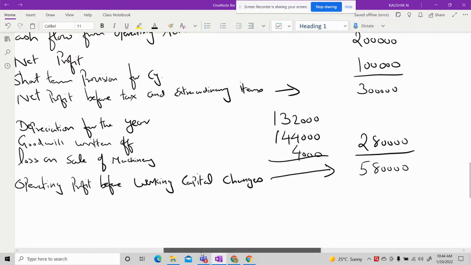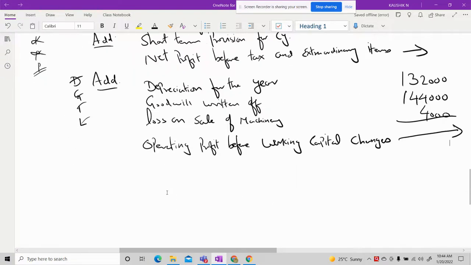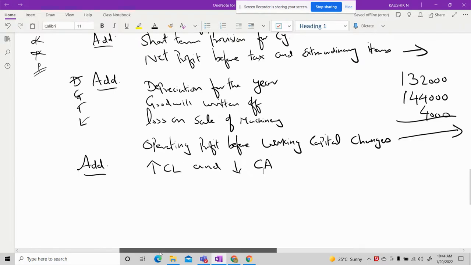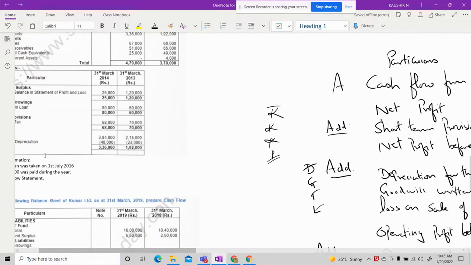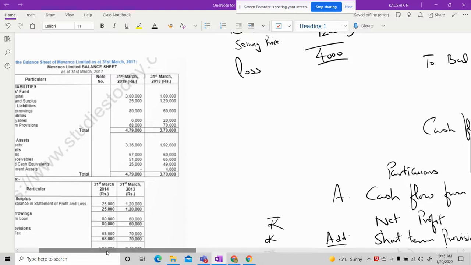Right? Now we have to follow that particular rule. What rule? Add increase in your current liability and decrease in your current asset. Now we can just cross verify once again whether any of our current liability got increased. I don't think so, in this problem.